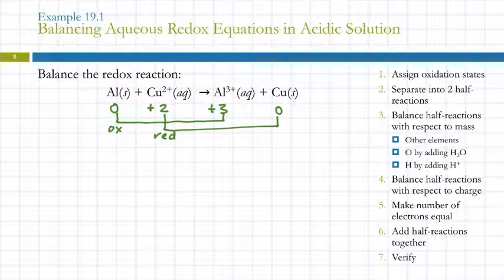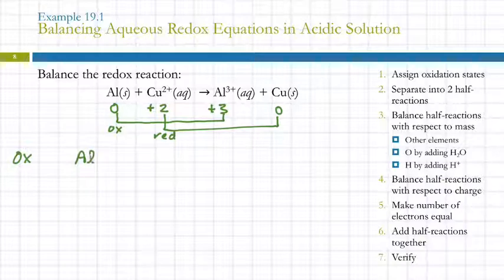So I'm going to make two separate equations. I'm going to take the oxidation part and make it into an equation, and I'm going to take the reduction part and make it into an equation. So here I've got aluminum being oxidized. It's going from Al to Al3+. So that's my oxidation.